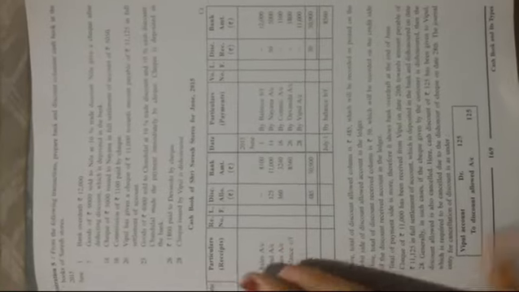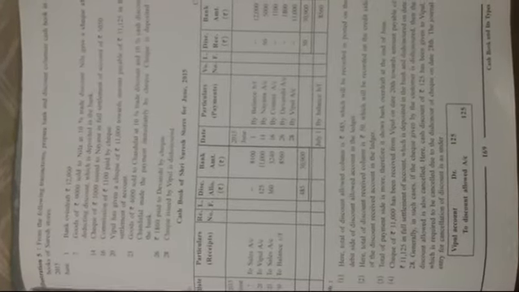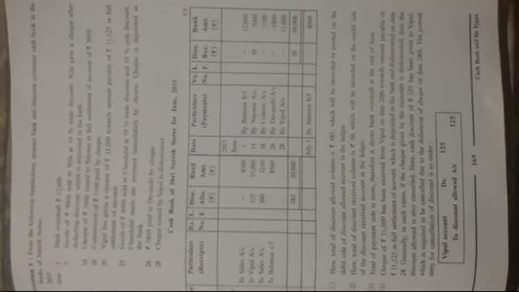But in this question, balance is coming on the debit side, that's why you have to write on the credit side, the reverse. Got it? Okay. So with this we are done with how to prepare the bank and discount columnar cash book. So now we are going to stop here, and if you have any questions or any doubts, please feel free to comment below the video. Thank you.